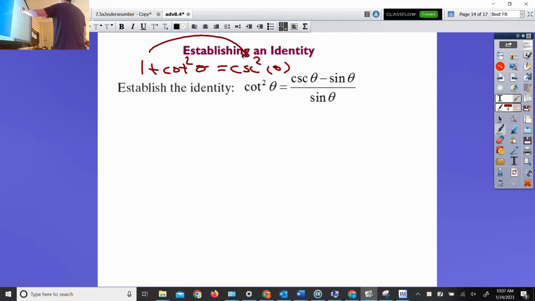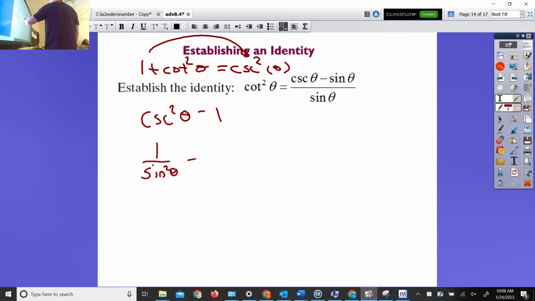All right, we'll give this thing one last shot. Take away the 1. Cosecant squared theta minus 1. I would still be very tempted to rewrite that as 1 over sine squared. Do the same thing we just did.